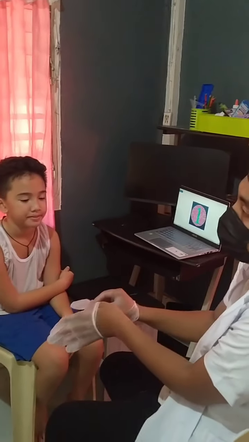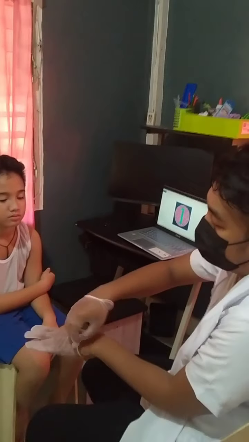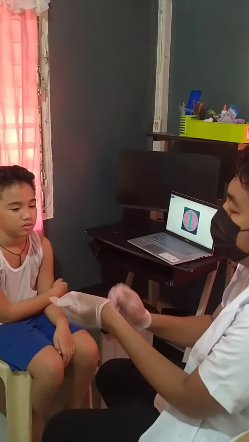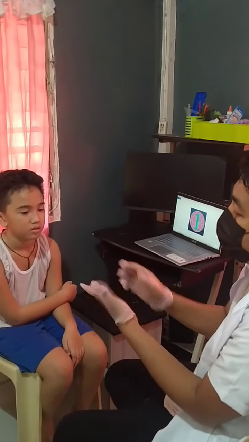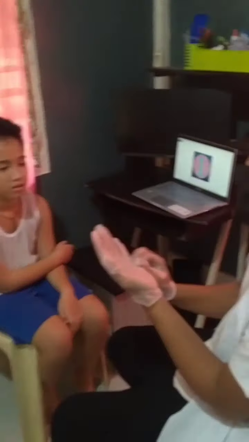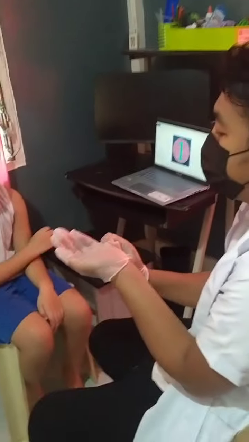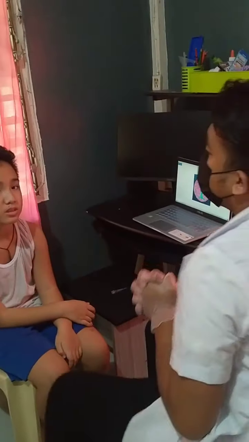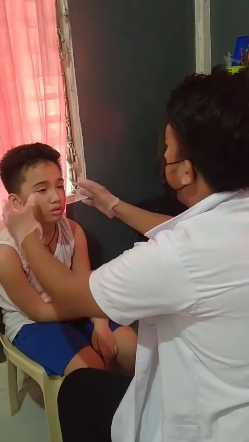So palpate the patient's nasolacrimal duct and the patient's lacrimal glands. In palpating the lacrimal glands, we will palpate under the patient's eyebrow.